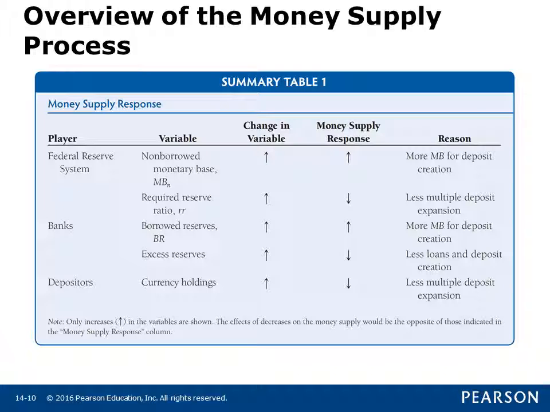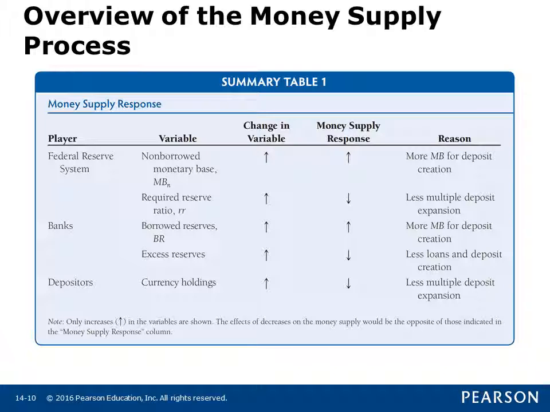Banks can also manipulate the money supply by increasing borrowed reserves. By increasing borrowed reserves, it increases the monetary base for deposit creation. They can also increase their excess reserves, which is very similar to the Federal Reserve requiring higher reserve ratios.